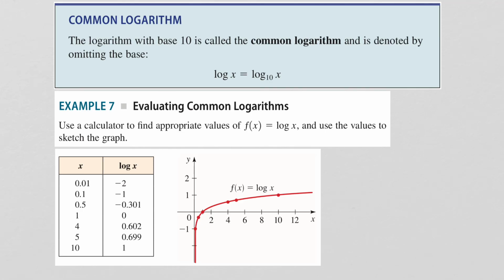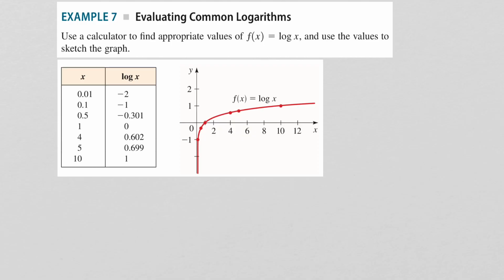So for example, let's graph the function f of x equals log of x, which of course means log base 10 of x. Now to do this, what I would want to do is pick values of x that are known powers of 10. Or if they're not known powers of 10, we're going to have to use a calculator to figure them out. So for example, I know that log of 10 is 1 because log base 10 of 10 is 1.